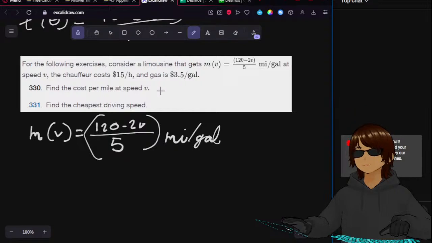So the gas cost for 1 mile, no, the gas is 120 minus 2V divided by 5 miles per gallon. And the gas is $3.5 per gallon.